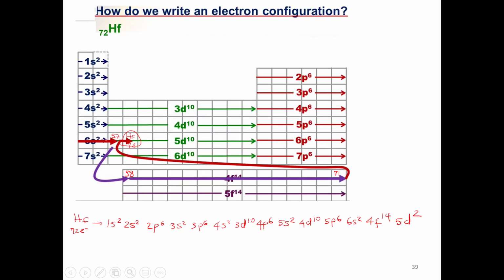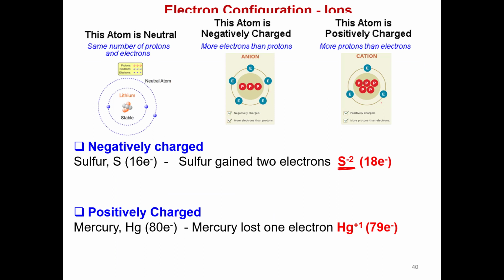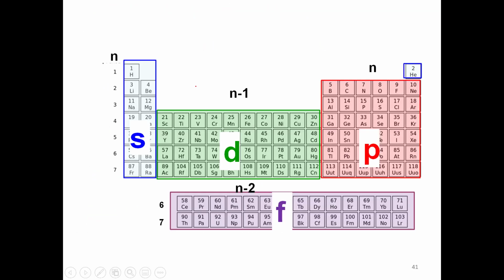For sulfur, all these shells are full and will be 16: 1s2, 2s2, then we go down and to the right, 2p6, down will be 3s2, then 3p, and here we need to count. 3p will be 1, 2, 3, 4, but it's not 16, we have 2 more.